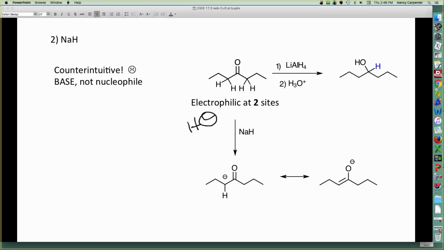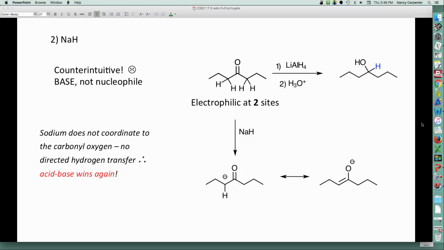Now, what this is telling you is that I've been lying to you all the time. I've just been trying to keep things more simple. Basically, what it boils down to is, actually, the spectator ion does matter quite a bit, and so we can't really just ignore it anymore. Sodium is not a good cation for coordinating to the oxygen. Up here, when we're looking at these reductions, let's use this guy.